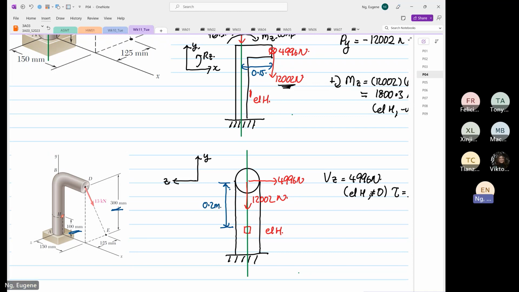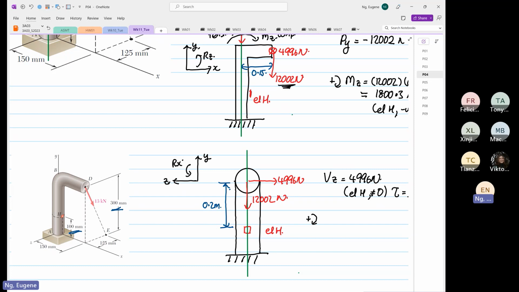And then it's going to induce a moment. I do apologize, this is rotation about X. We are going to call positive rotating in this direction.